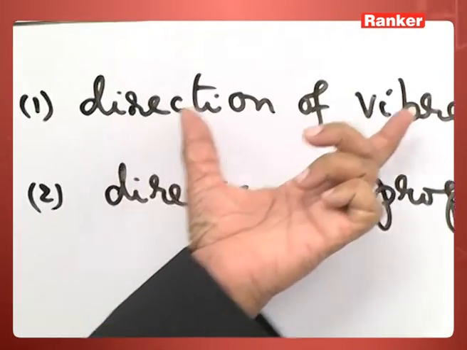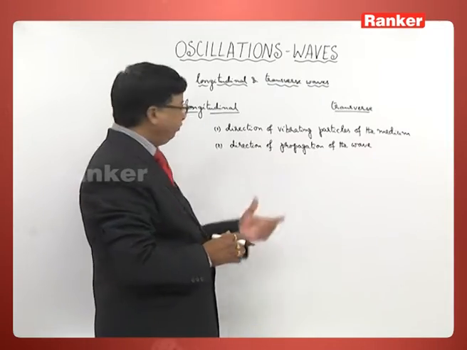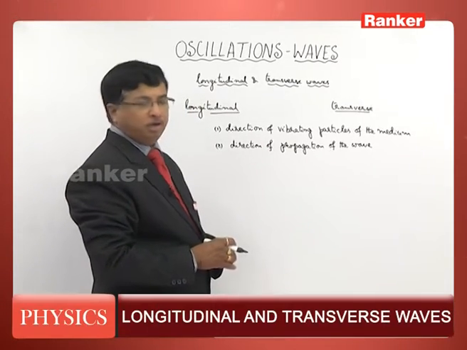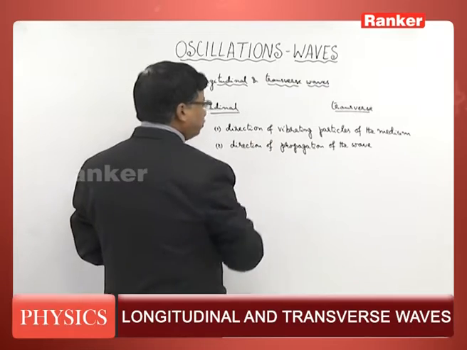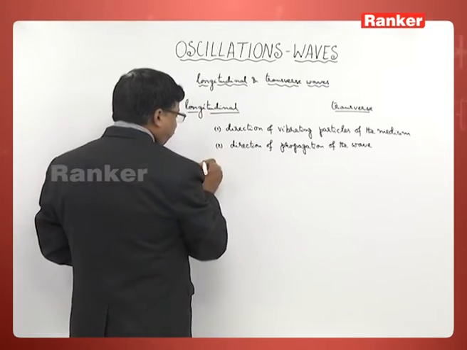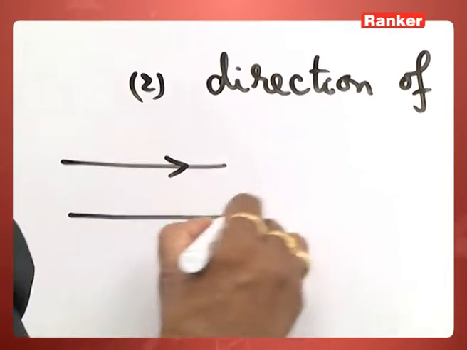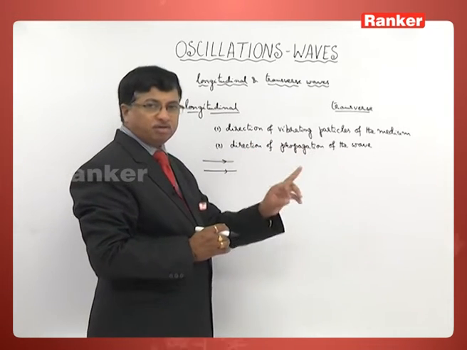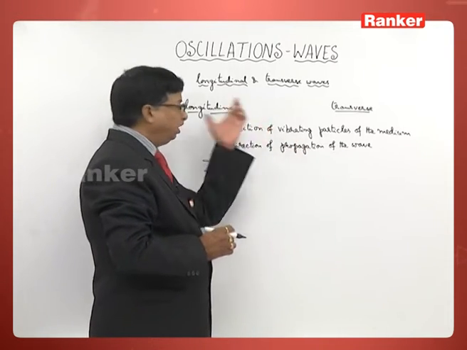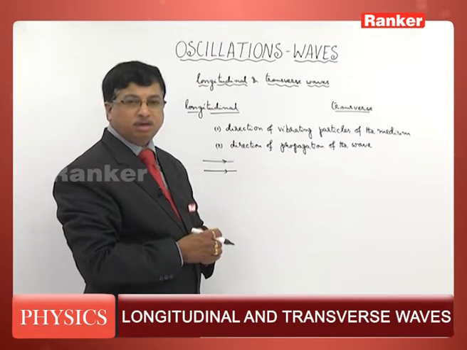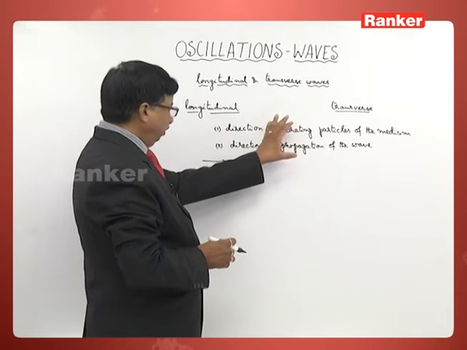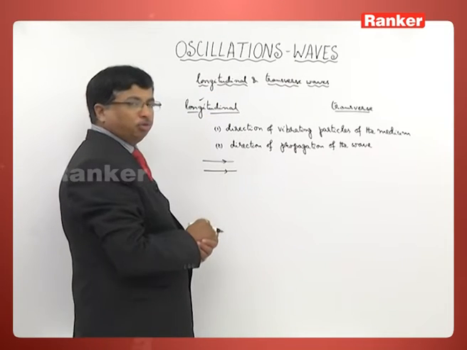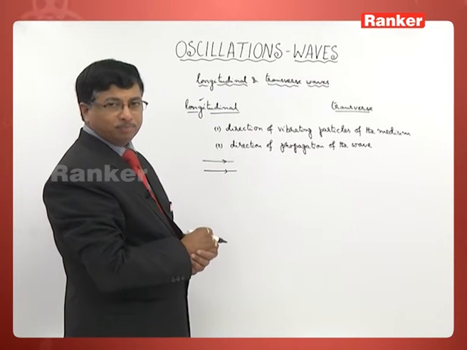So, first is the direction of vibrating particles of the medium, and the second is the direction of propagation of the wave. If you observe these two directions carefully and find them to be parallel to each other, in other words, if the direction of propagation of the wave is along the direction of vibrating particles of the medium, that kind of wave we should call a longitudinal wave.